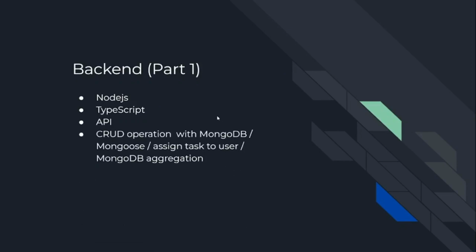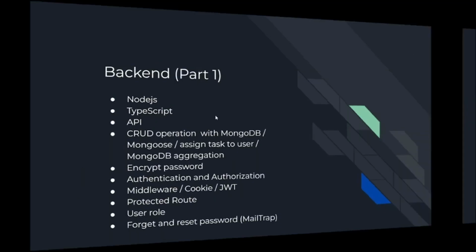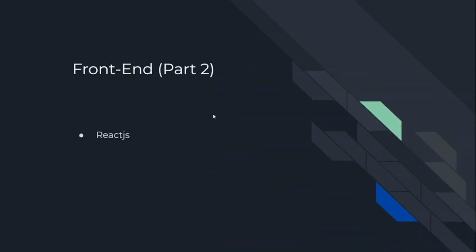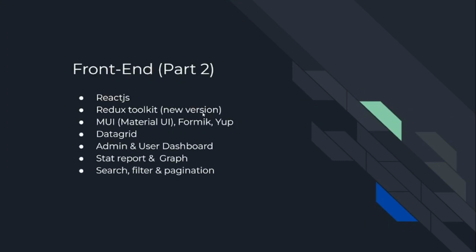We are going to use advanced MongoDB queries, MongoDB aggregation, and this is the content. Okay, forgot and reset password with Mailtrap, and the front end part, part two, will be with React with Redux Toolkit. Okay, so this is it with VS Code.